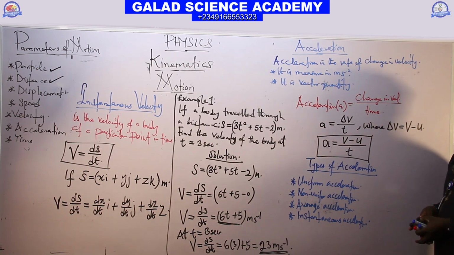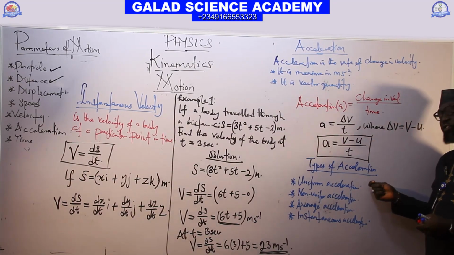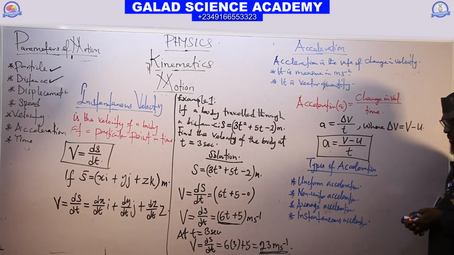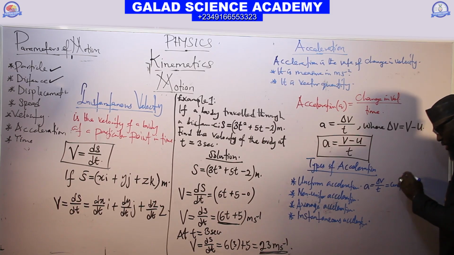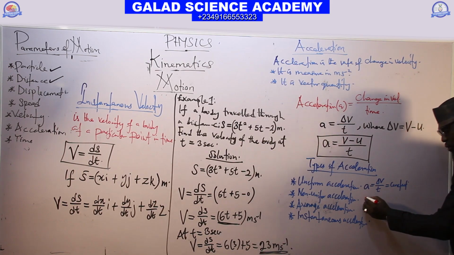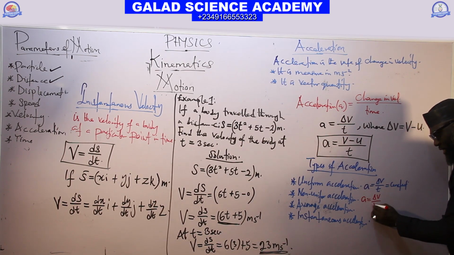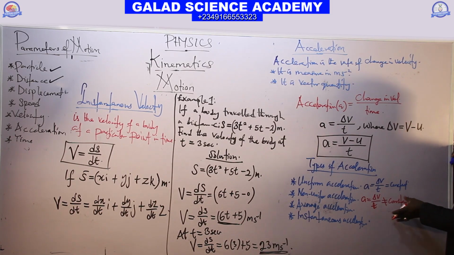Let's take it one after the other. For uniform acceleration, when the rate of change in velocity with time is constant, we have uniform acceleration. But if the rate of change in velocity with time is not constant, it is called non-uniform acceleration.